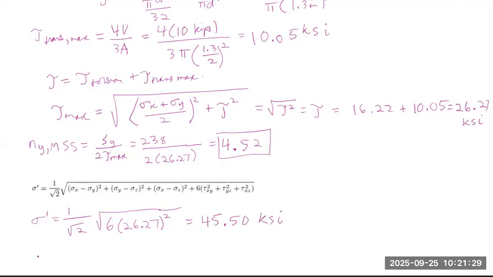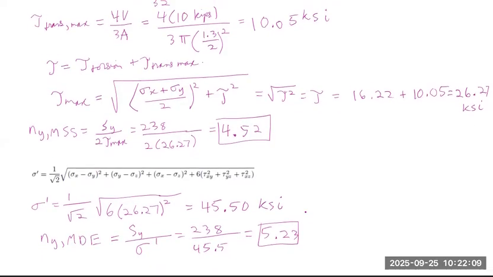KSI, and thus the factor of safety due to the maximum distortion energy theory is SY over sigma prime, which is 238 over 45.5, equals 5.23. So that is our factor of safety. And let's see which one is the minimum. Let's retrace our steps.